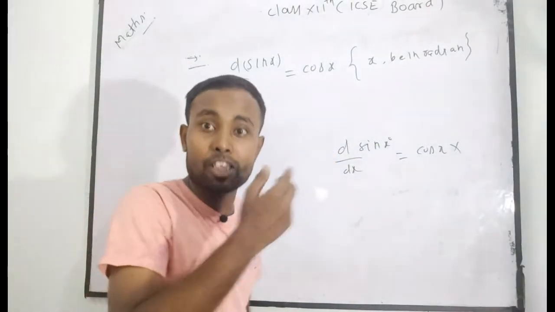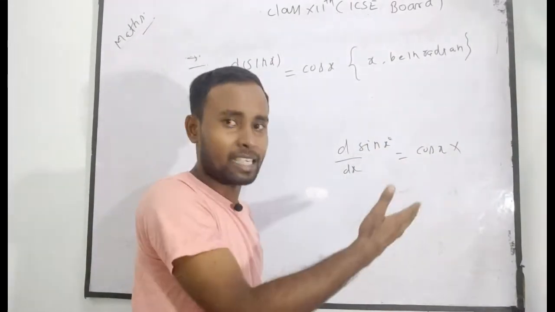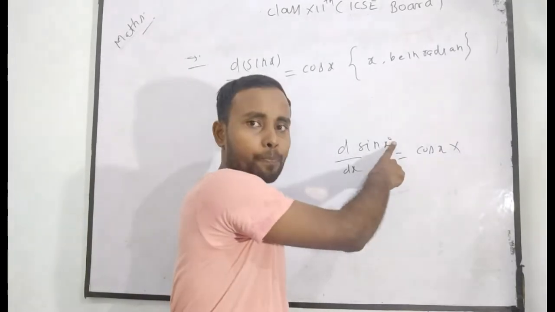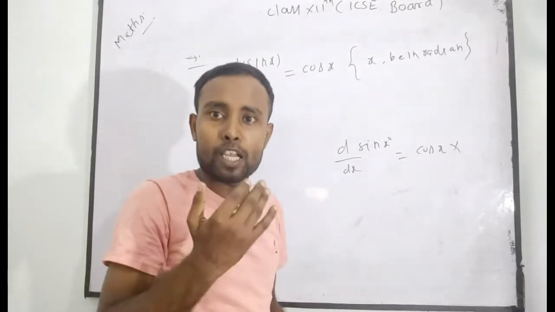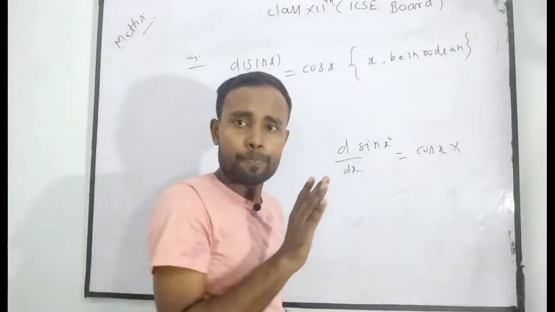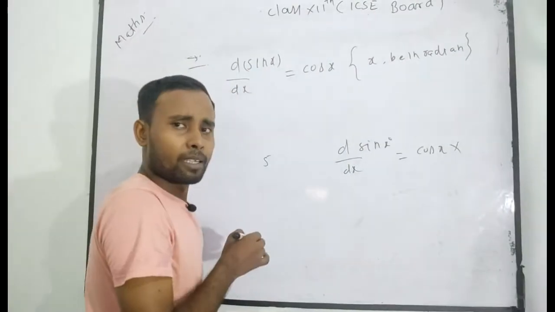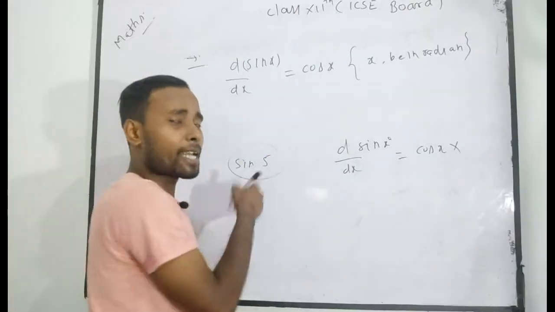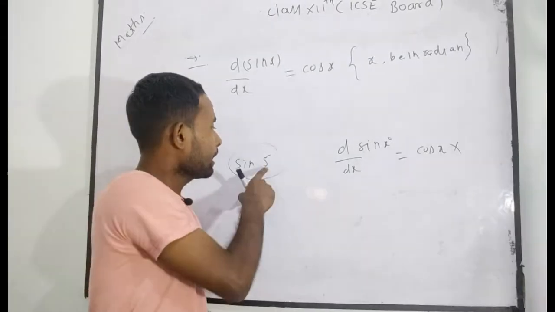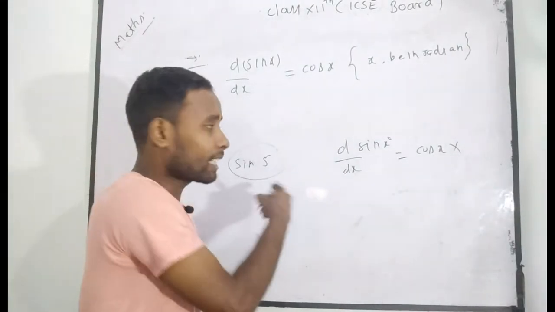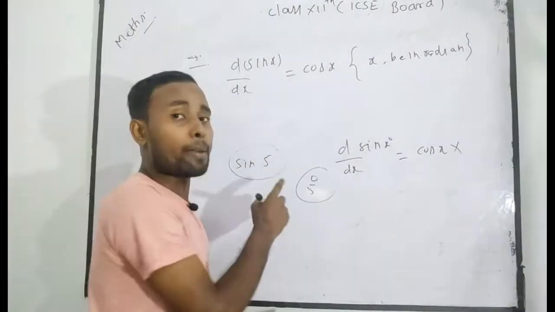If an angle has no degree sign mentioned, you should understand by intuition that it is in radian. When 5 is written in sin 5, the meaning of sin 5 is sin 5 radian, not degree, because if 5 were in degree, it would be written with the degree sign.